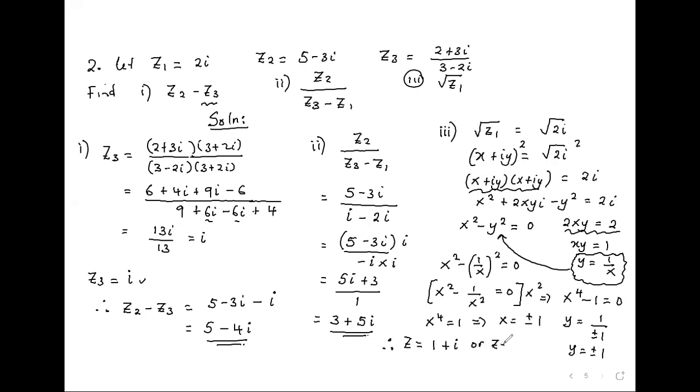Or when x is -1, y will be -1, so it becomes -i. Here are the two values expected. Because we know that two complex numbers are equal if and only if their real and imaginary parts are equal.